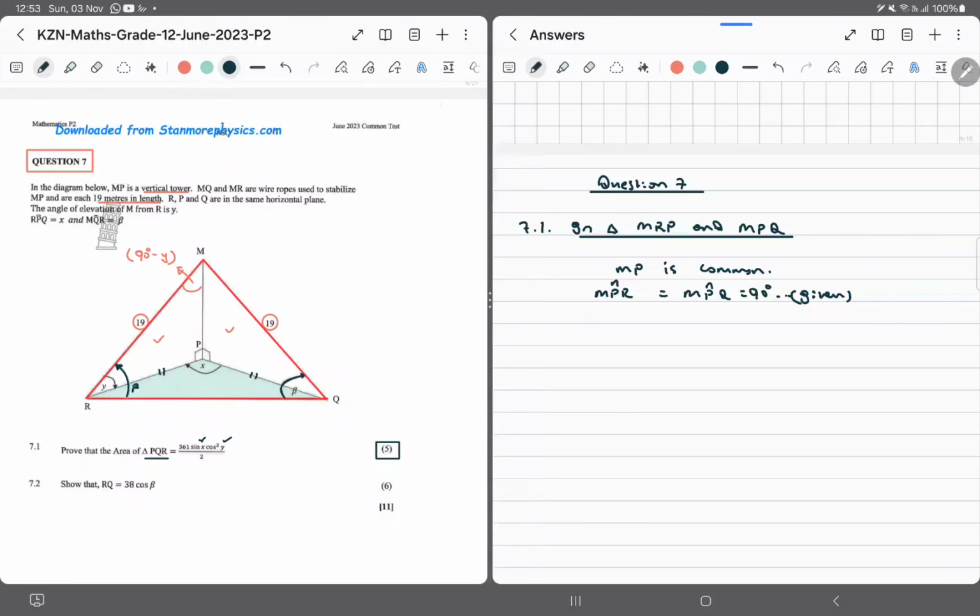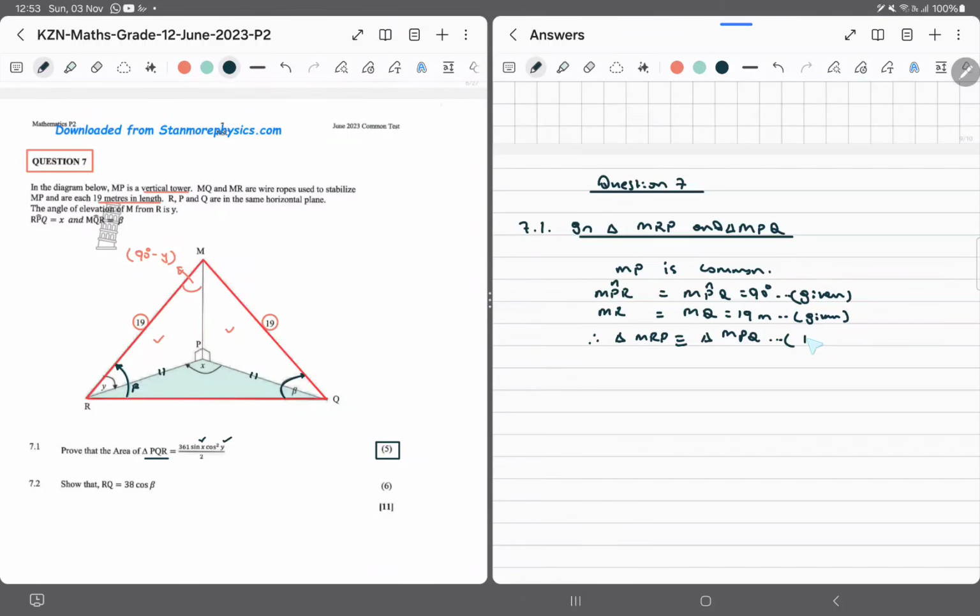Okay, great. And then what else? We know that MR is equal to MQ, equal to 19 meters. Is it 19 meters? Yes, 19 meters. That was also given. So what do we say? Therefore, triangle MRP is congruent to triangle MPQ.